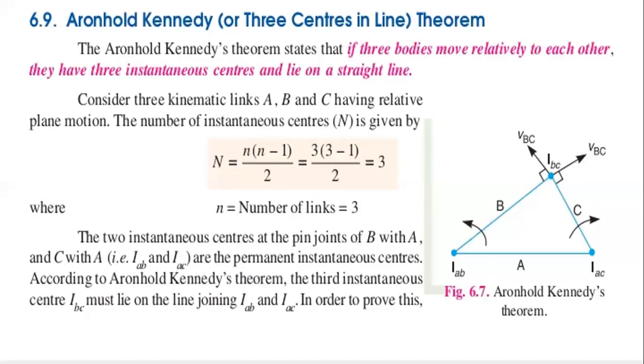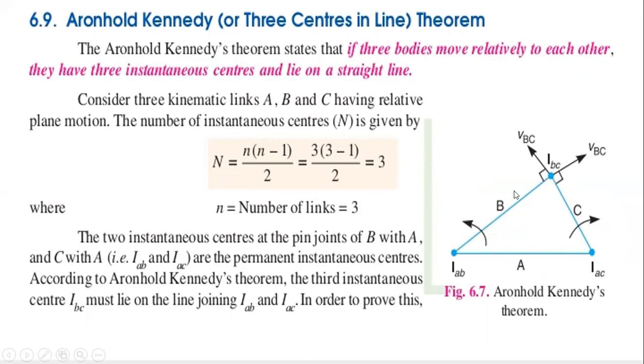In the figure you can see the triangle. In this triangle there are three links: A link, B link and C link, which have three instantaneous centers, that is the instantaneous center of AB, of AC and of BC.